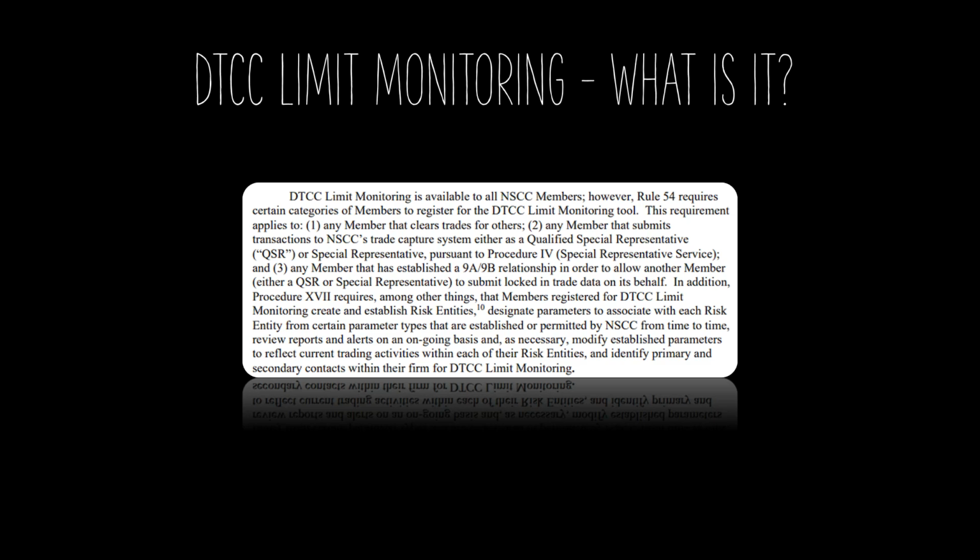So basically they're going to be identifying their primary and secondary contacts for that limit monitoring tool, which is supposed to help mitigate risk. Because remember, that's all that the NSCC is about, is risk mitigation.